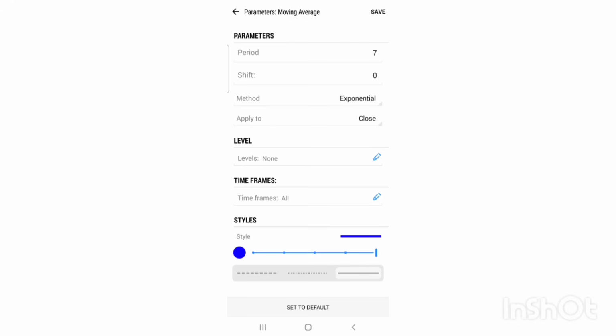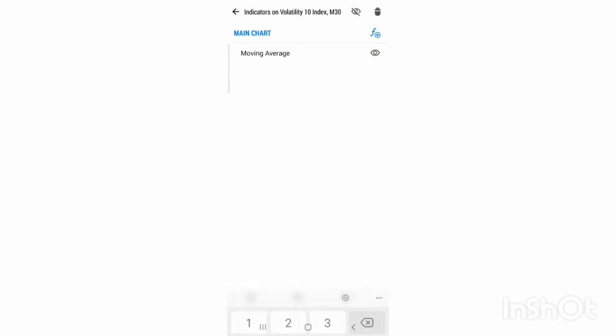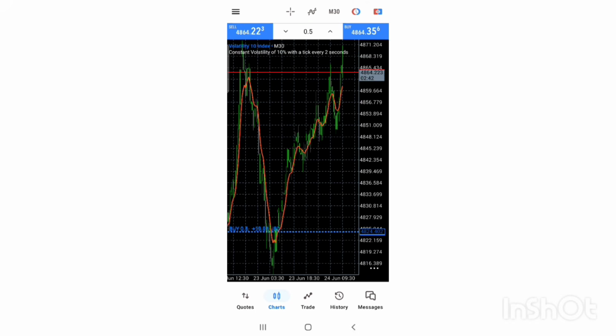For style, you can put 4 pips. Change the color to red. Then you can click on done. So this is the first indicator that we need, which is our 7 EMA, exponential moving average.